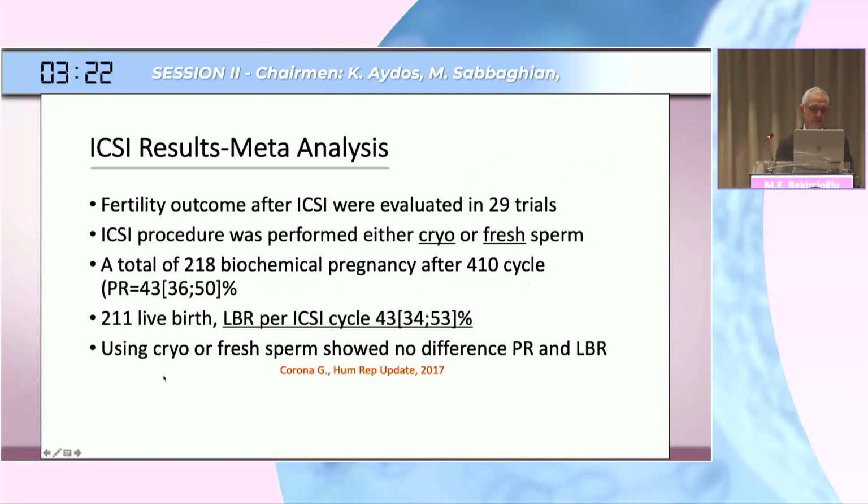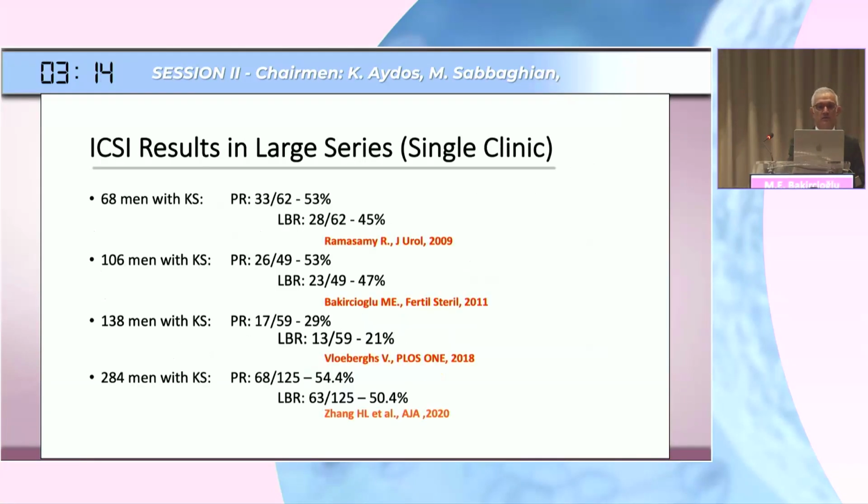And they stated that using cryo or fresh sperm showed no difference in pregnancy rate and live birth rates. When we look at the single clinic series, in the large series at Cornell, the pregnancy rate is 53% and the live birth rate is 45%. In our group, we saw the same results as Cornell: the pregnancy rate is 53 and the live birth rate is 47.